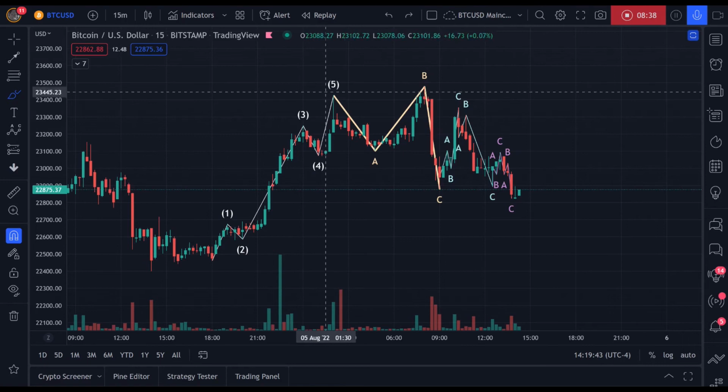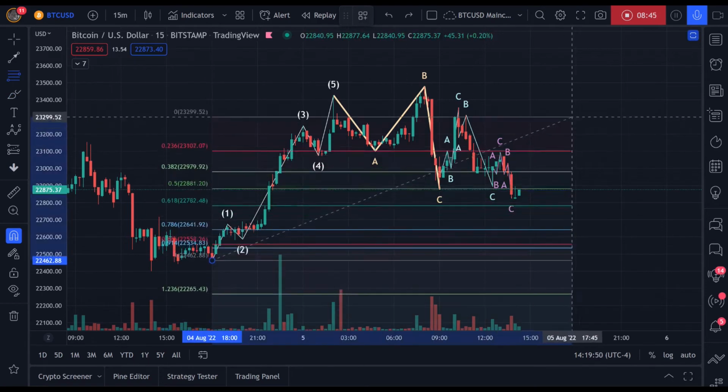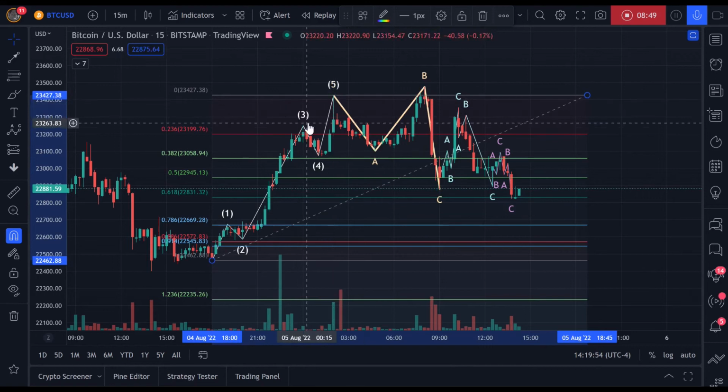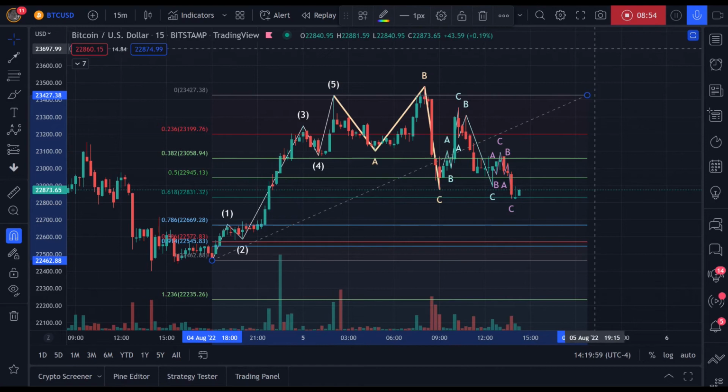The other point I want to make about this flat correction on this 5-wave impulse is that if you take the Fibonacci retracement of the 5-wave impulse from the beginning to the end, look at where the end of the impulse is. It's in your golden pocket between the 0.5 and the 618.